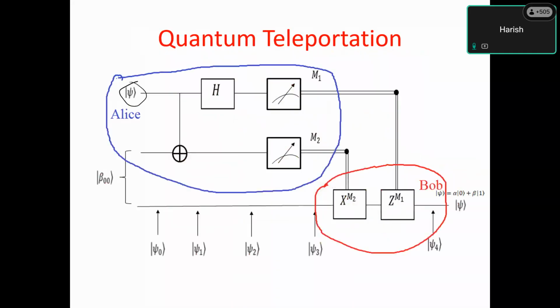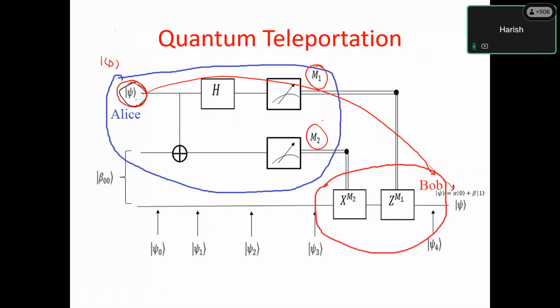That has been achieved. In quantum teleportation, if you recall, we wanted to teleport an arbitrary single qubit state psi from Alice to Bob. What we did is that one qubit state is transferred with the help of 2 bits of information.